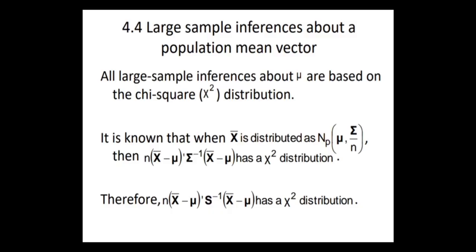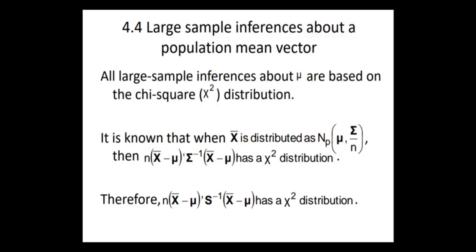We can assume any distribution or data can be normal distribution if a large sample size is involved. So for this topic, for all large sample inferences about the mean, we will use the chi-square distribution.